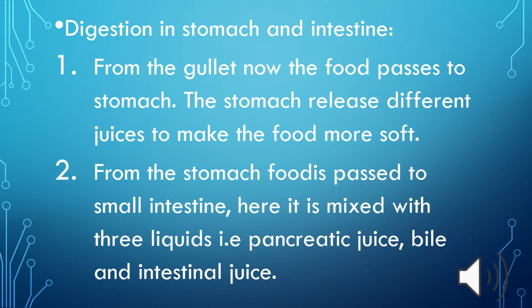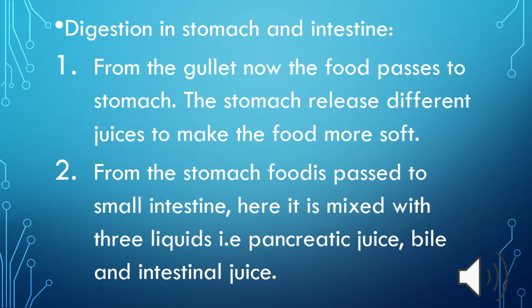Digestion in stomach and intestine. Point number 1. From the gullet, now the food passes to the stomach. The stomach releases different juices to make the food more soft. Point number 2. From the stomach, food is passed to the small intestine.